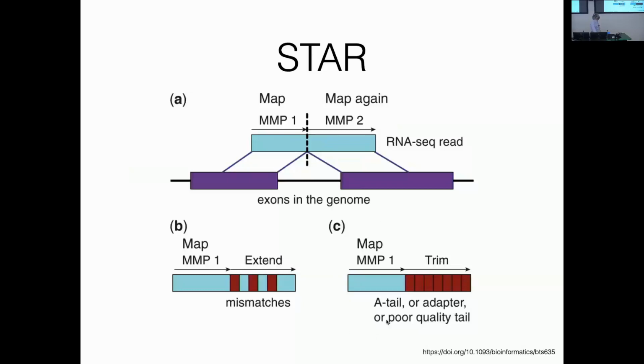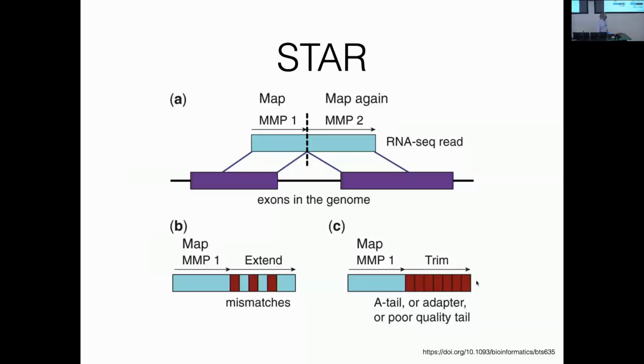One of the other big issues that needs to be dealt with in RNA-seq data is that in eukaryotes we get poly A tails, a homopolymer of A's stuck at the 3' end of messenger RNA, and those aren't encoded anywhere in the genome, right? So if you take a read that includes a poly A tail and try to map it against the genome, you're going to have this string of A's that's not going to match.